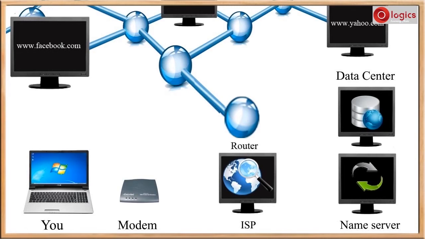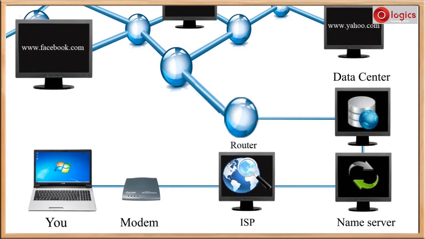Now, let us understand how data is transferred through the internet. Your computer is connected to the modem, provided by the Internet Service Provider. The Internet Service Provider transfers the data to the routers through the name server and data center.